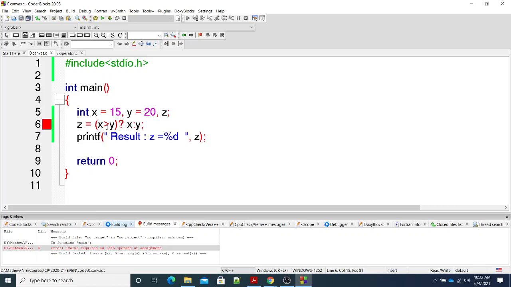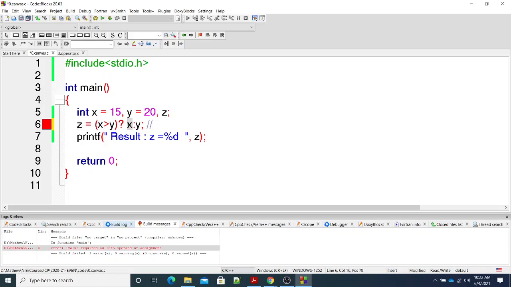So expression, then x. If x greater than y, then the expression executed will be x. Otherwise, the expression executed will be y. Now, if x is greater than y, this is the expression that is going to execute, and the resultant value will be assigned to z.